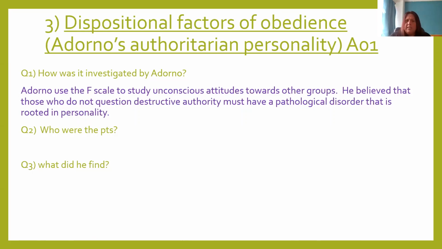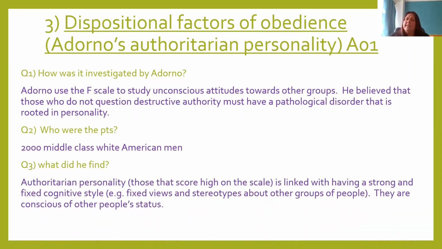Now, thinking about the participants, this is also crucial because this will enable us to already think evaluation points. So the participants that we used were 2,000 middle-class white American men. So already population validity, generalizability, we can truly question this. This is just one group of individuals. But what's interesting is the findings.